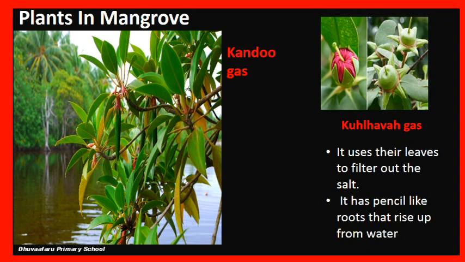In mangrove, there are plants like the two kinds it names. It uses its leaves to filter out the salt. It has pencil-like roots that rise up from the water.